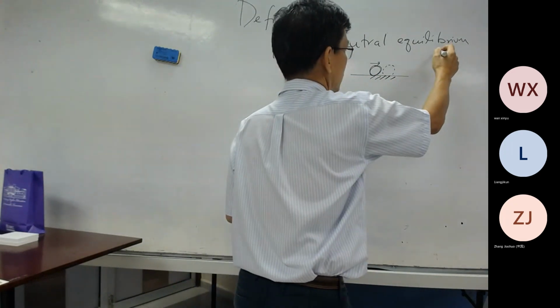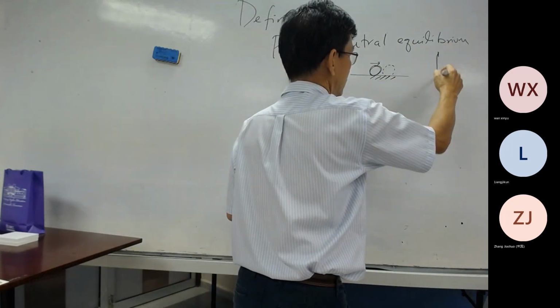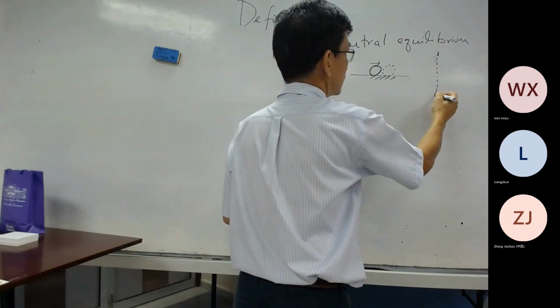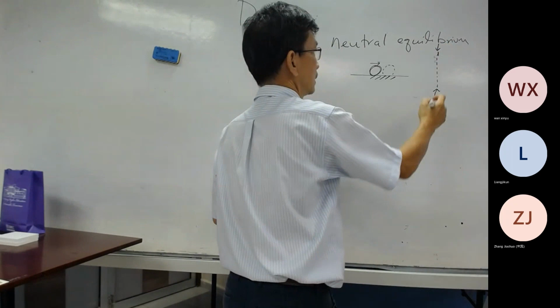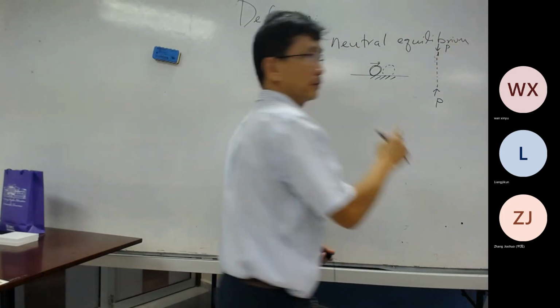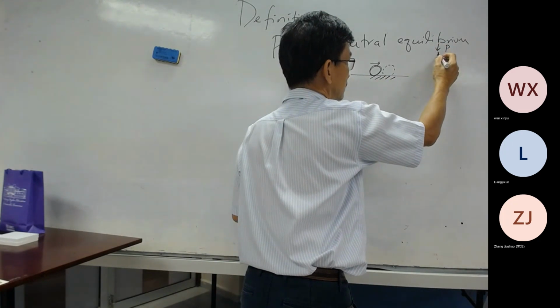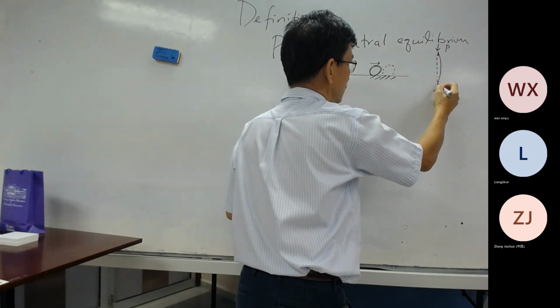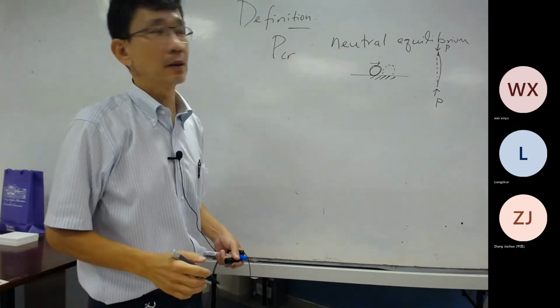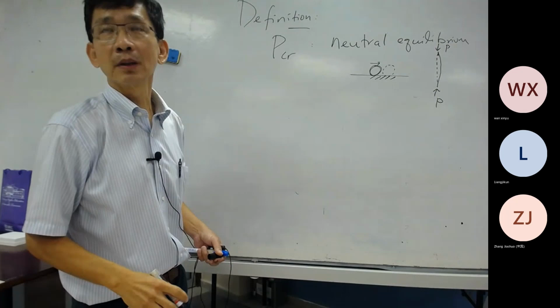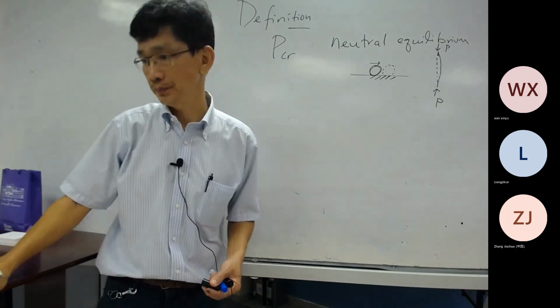Which means if the column is at a certain load and you disturb it, then this column will bend. It can bend and it can stay there. So this is neutral equilibrium. It can have two possible positions.